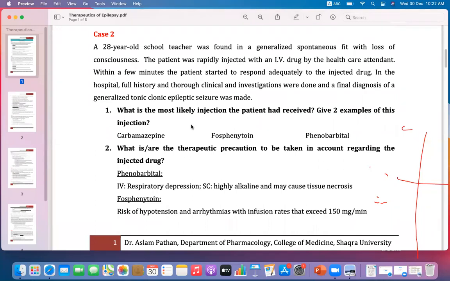The patient was rapidly injected with an intravenous drug by the healthcare attendant. Within a few minutes, the patient started to respond adequately to the injected drug. In the hospital, full history and thorough clinical and investigations were done, and a final diagnosis of generalized tonic clonic epilepsy seizures was made.